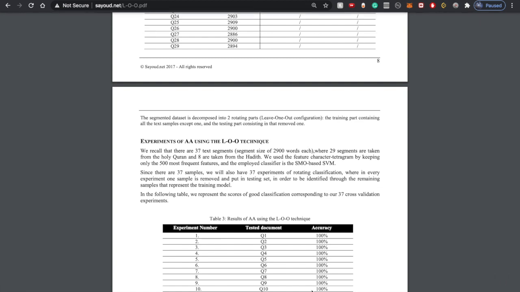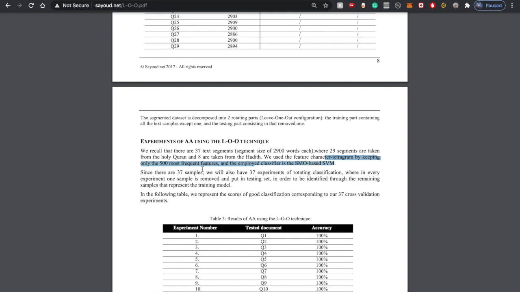Okay, so we recall that there are 37 text fragments where 29 segments are taken from the Quran and 8 are from the Hadith. We use the feature character tetragram by keeping only the 500 most frequent features, and the employed classifier is the SMO-based SVM.